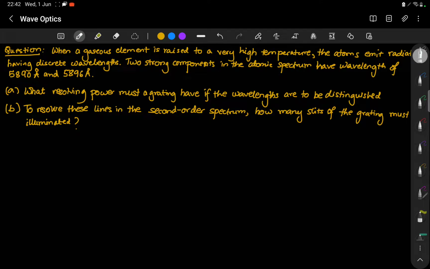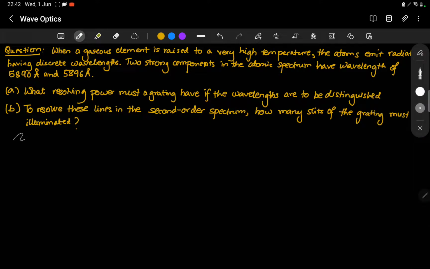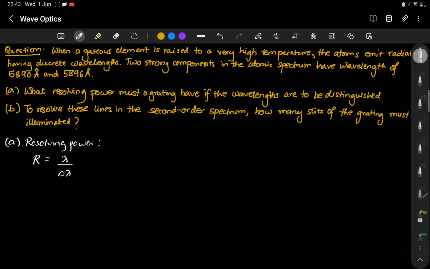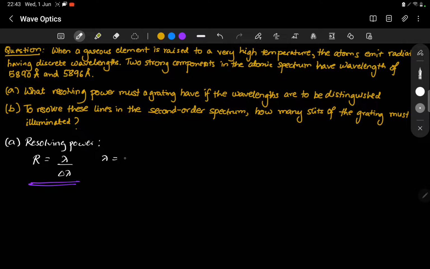So let us now solve the question. For part A, resolving power is defined as follows. Resolving power R is equal to the average wavelength over the difference in the wavelength, where lambda is equal to (lambda 1 plus lambda 2) over 2, the average, and delta lambda is equal to the difference in the wavelengths.